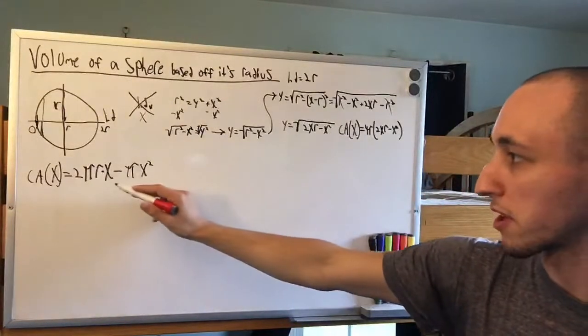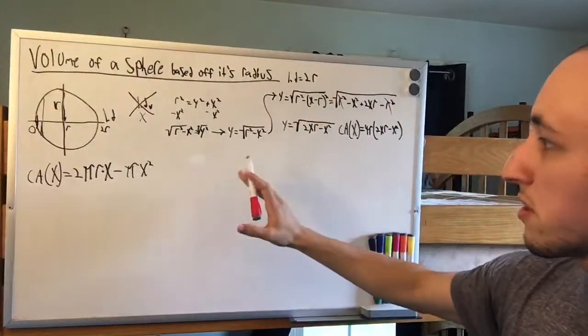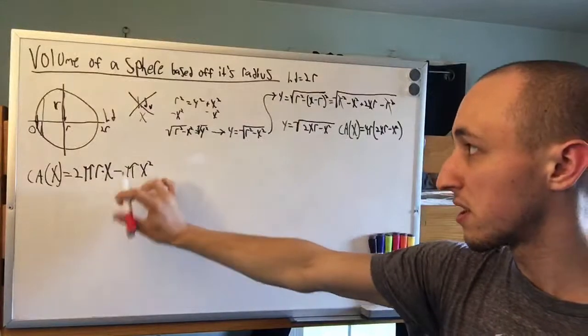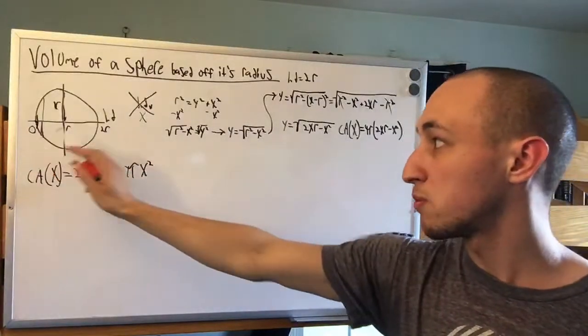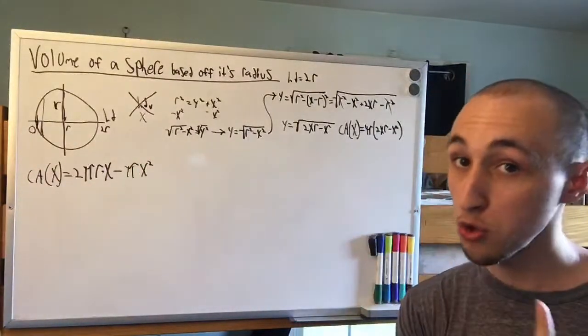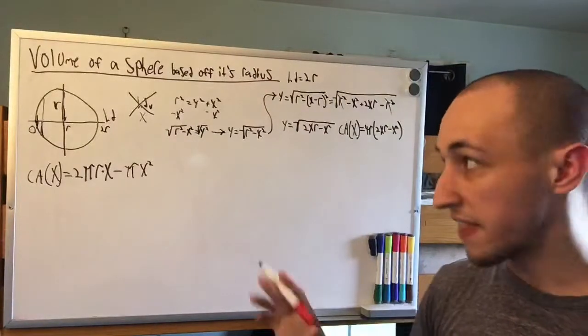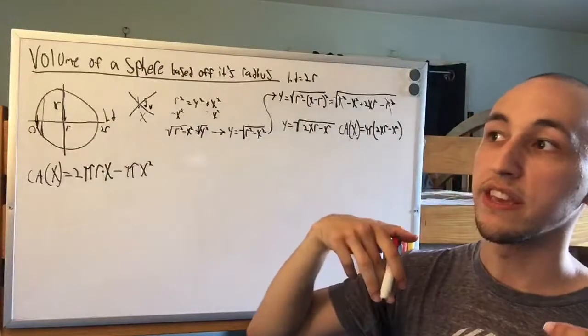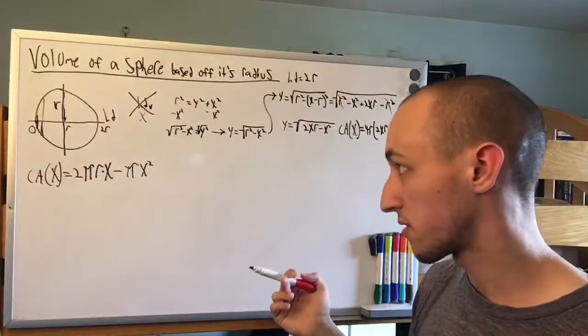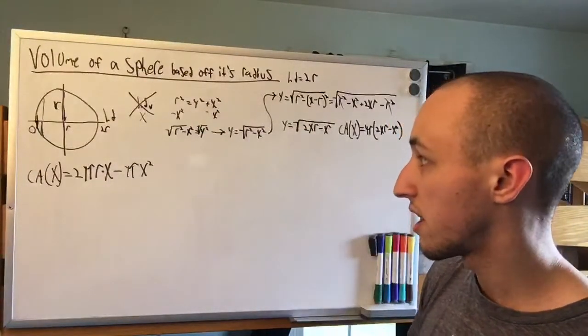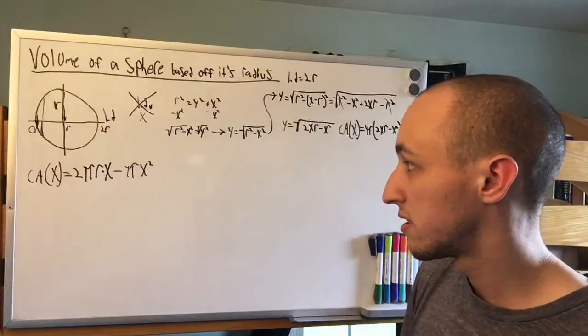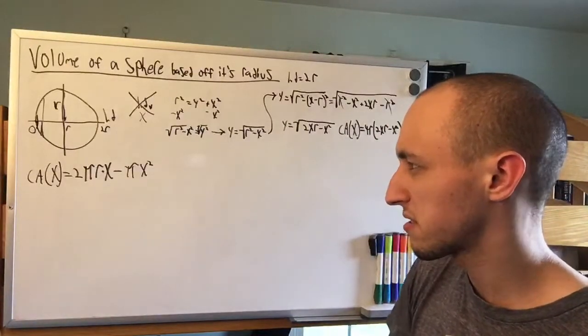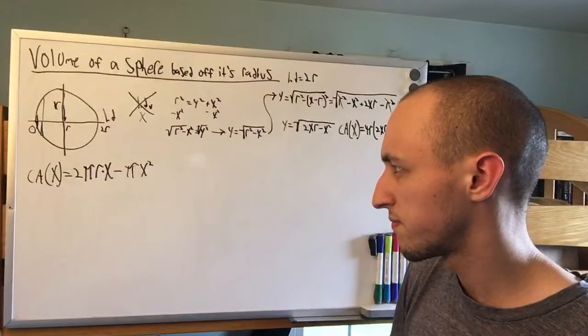Much better. Okay. Now, what we're going to do is we're going to integrate this from x equals 0 to x equals 2r. And that will get us the volume of the sphere. Okay? Now, let's commence.